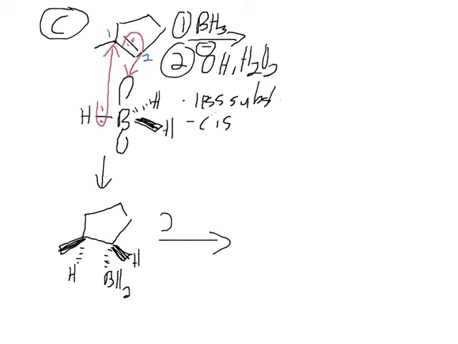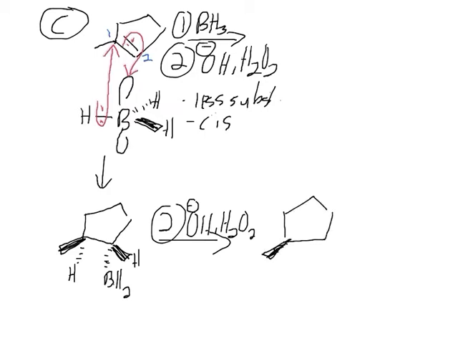That finishes step 1. Step 2 just involves OH minus and H2O2. You weren't asked to know that. All you do in this case is replace the boron with an OH.